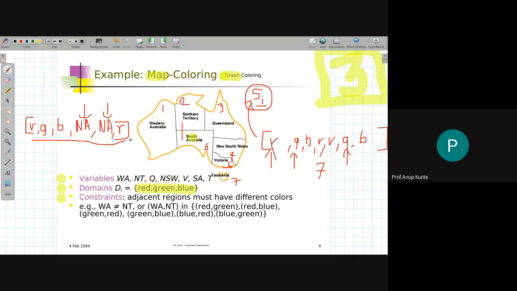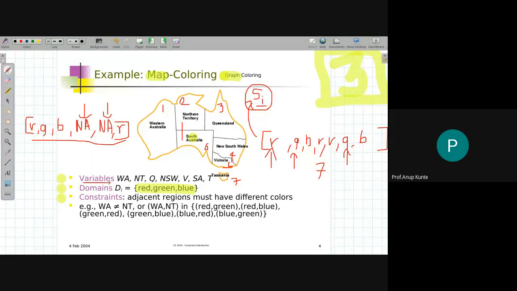It all depends on whether it follows the constraints or not. So when I'm representing the problem, if I want to use this kind of representation of the state and then use this information to solve the problem, I should be able to define three things.